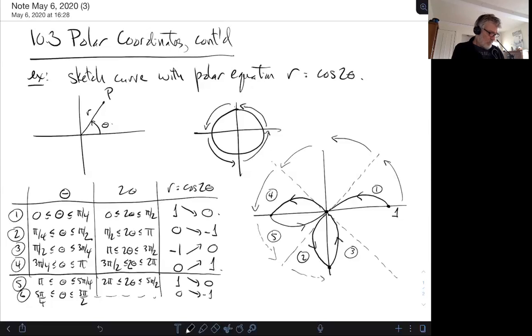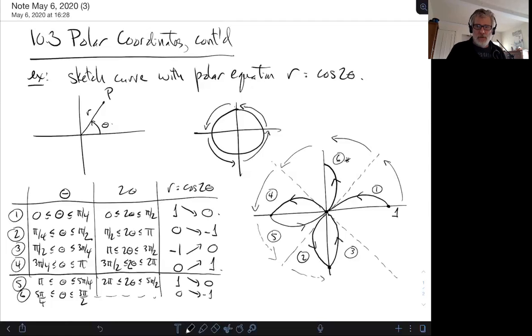I double, and I get the behavior, which is r now goes from 0 down to -1. So now I have to flip on the other side. So I'm over here, and I go from 0 back up to 1. Like that. So this is the sixth piece.